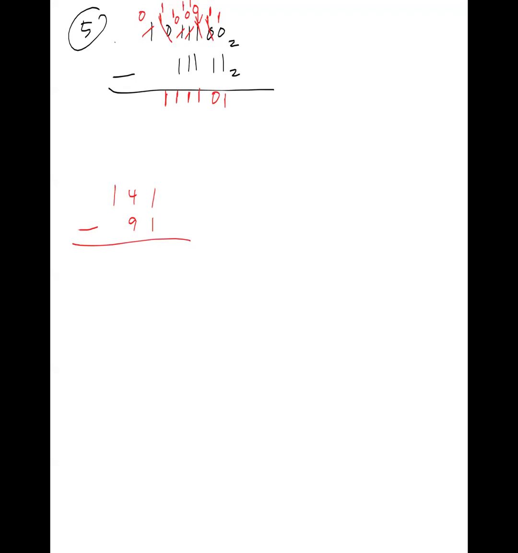Okay, so we do 1 minus 1, right? And then we get 0. We have to borrow from this one and get 0. Make this be 14. Now what's 14 minus 9? 5. Then we have 0 at the beginning, but we don't have to write 0, 50. We can just write 50, right? Okay, any questions about that?